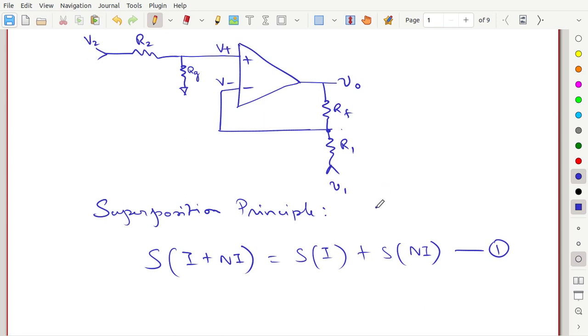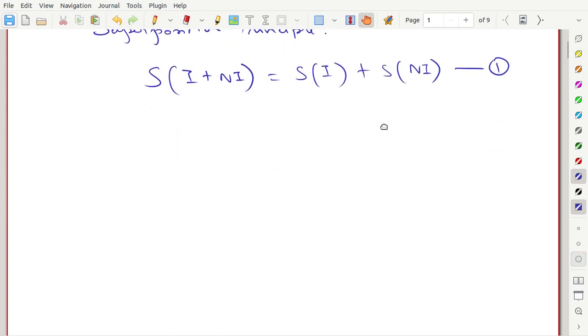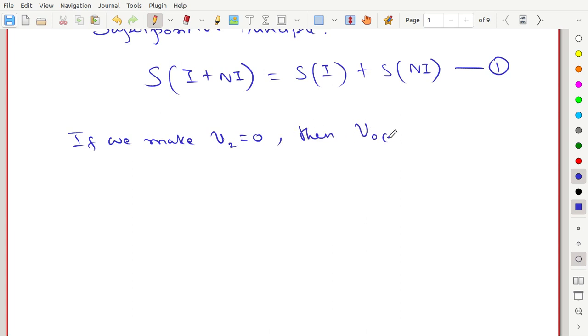So if we make V2 equal to 0, then we get V out of minus. This is the solution of the inverting part.